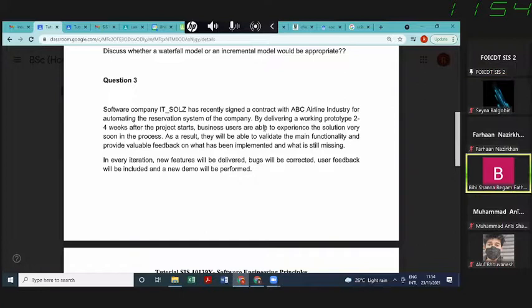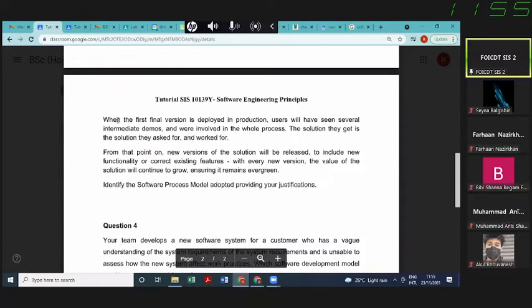So by delivering a working prototype 2 to 4 weeks after the project starts, business users are able to experience the solution very soon. As a result, they will be able to validate the main functionality and provide valuable feedback on what has been implemented and what is still missing. In every iteration, new features will be delivered. Yesterday, we saw what an iteration is. User feedback will be included and a new demo will be performed. When the final version is deployed in production, users will have seen several intermediate demos and were involved in the whole process.